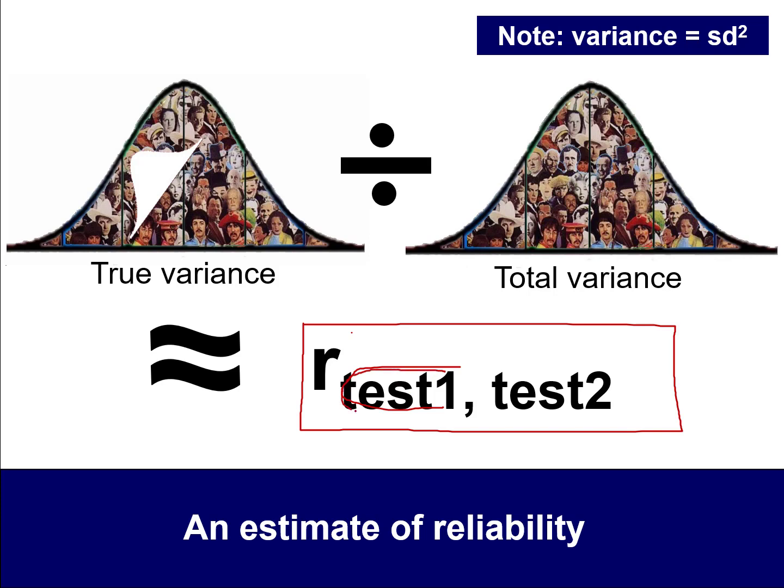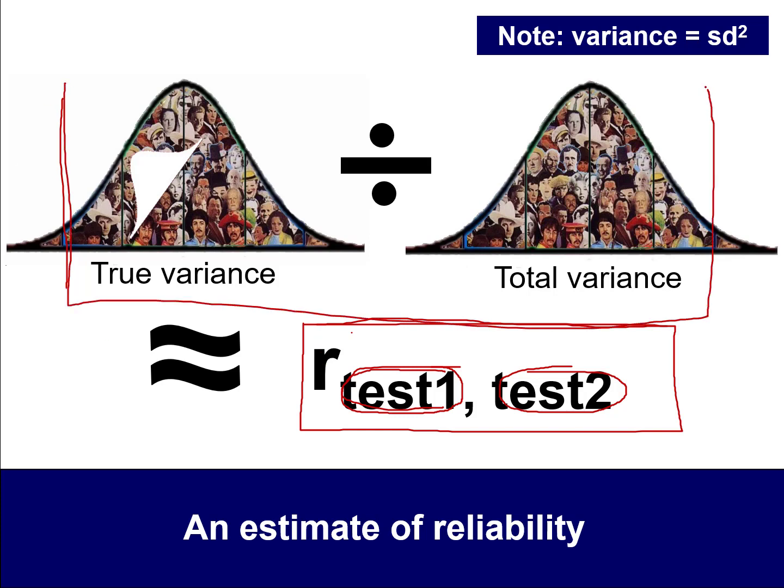Test 1 simply means one assessment that's drawn from that pool of all the possible assessments that I could give. And test 2 is a different assessment drawn from that pool. What it's showing on the screen here is that the correlation between test 1 and test 2 is approximately equal to, it's a good estimate of, true variance divided by total variance.